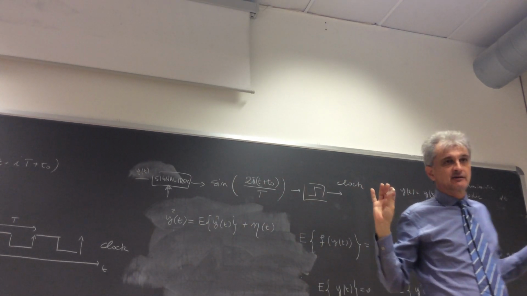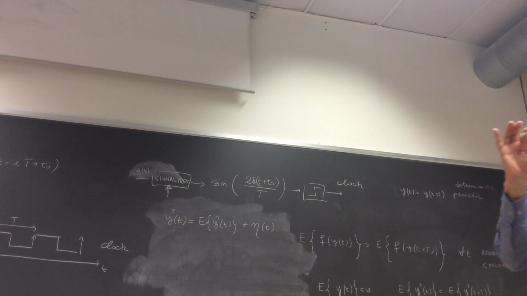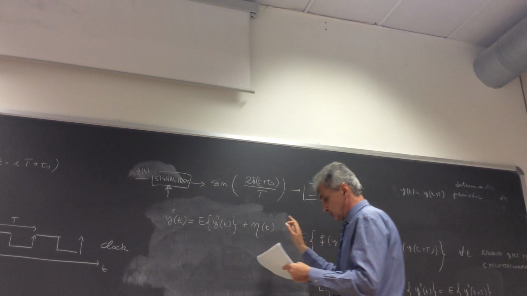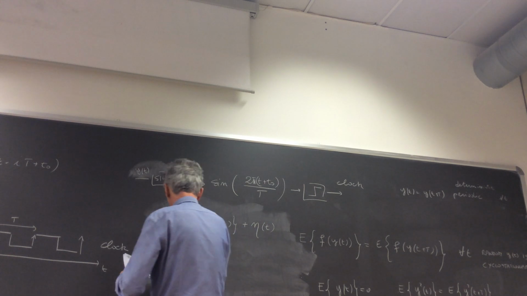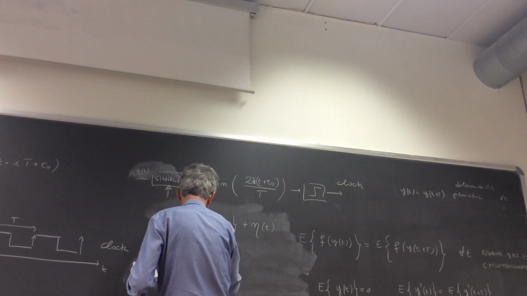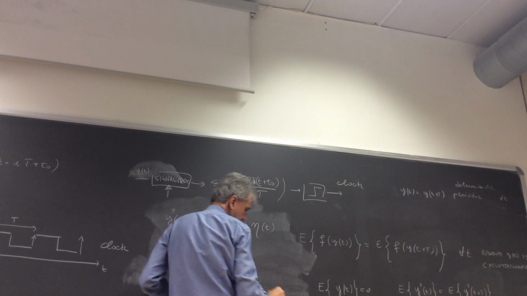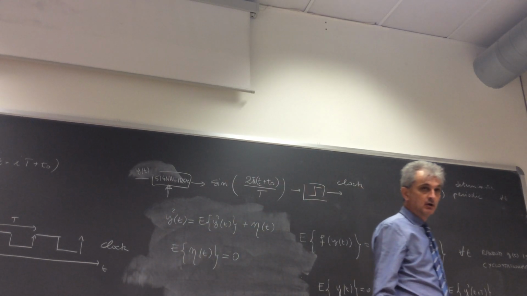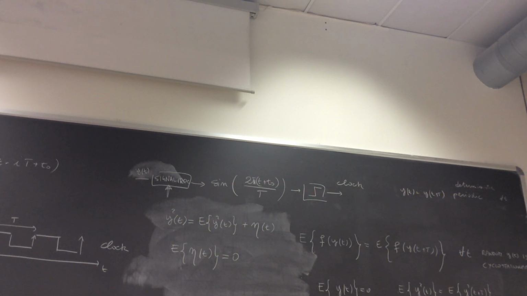We can always write a random signal like this: a deterministic part that can be 0 plus a random part. All you need to write this is to specify that the expectation of this noise is 0. Do you remember? We already found this approach in the random gradient.